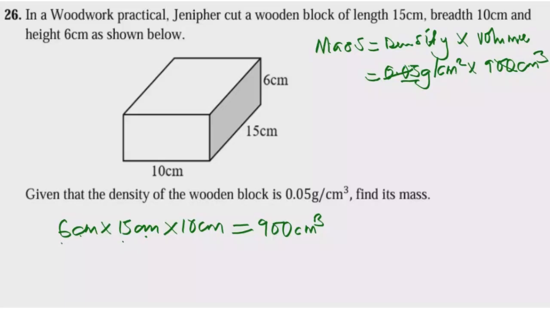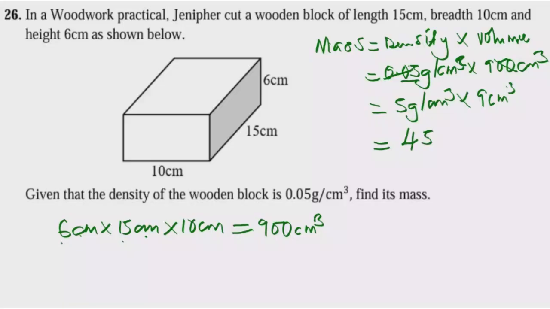So we now remain with the 5 grams per centimeter cubic. Here it shouldn't be squared, that is cubic, times 9 centimeter cubic. Okay, so that means we multiply 5 times 9 will give us 45.